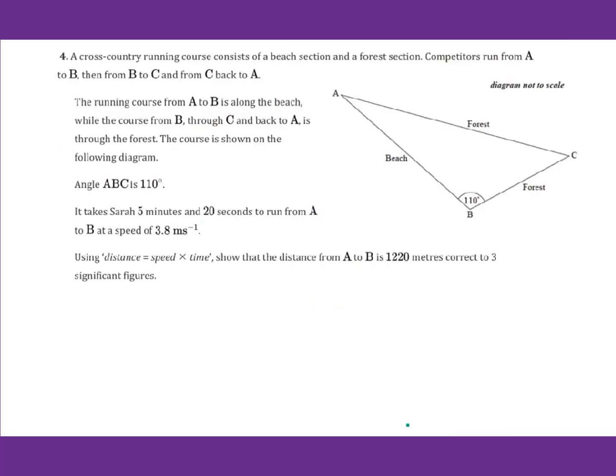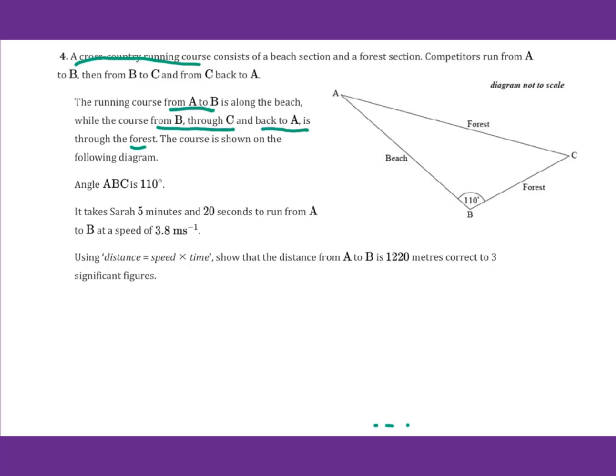This is about a cross-country running course. It's from A to B, it's along the beach. And from B to C back to A, it's through the forest. The course is shown in the following diagram. Angle ABC is 110 degrees.